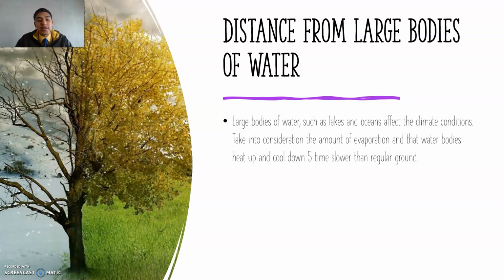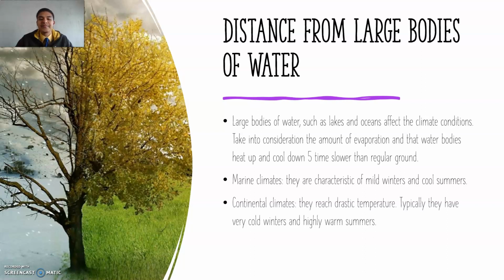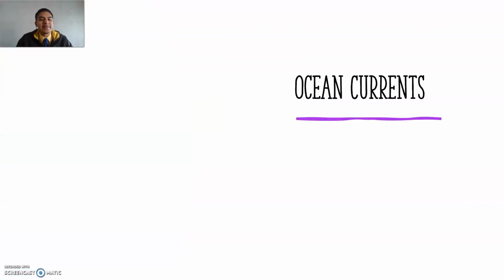And just like it's mentioned there, water is going to heat up and cool down way slower than ground. Marine climates are characterized by mild winters and cool summers. We also have continental climates. They reach drastic temperatures. They typically have very cold winters and very warm summers.